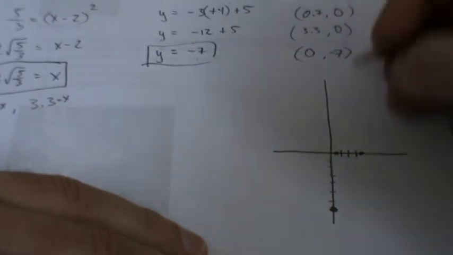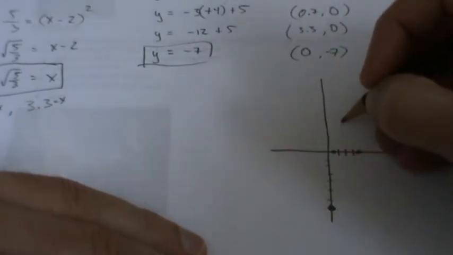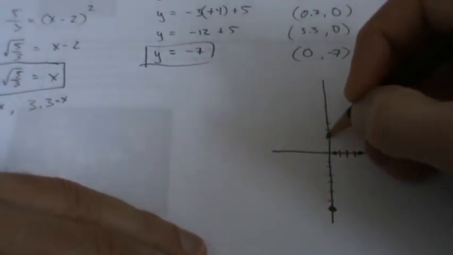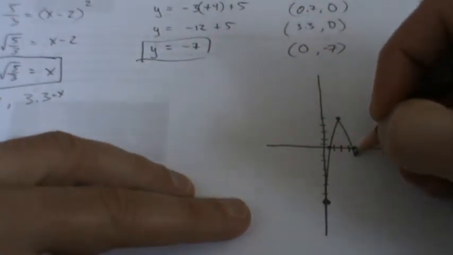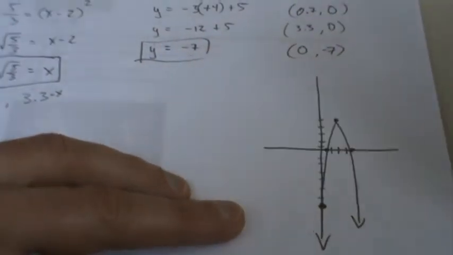And then I've got a 2, 5 vertex. And so my parabola kind of looks something along these lines here.